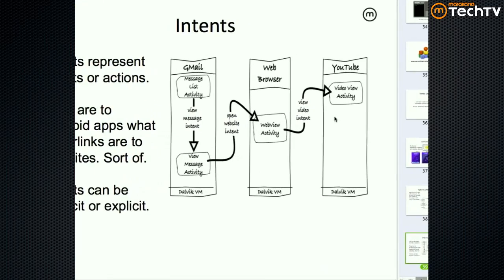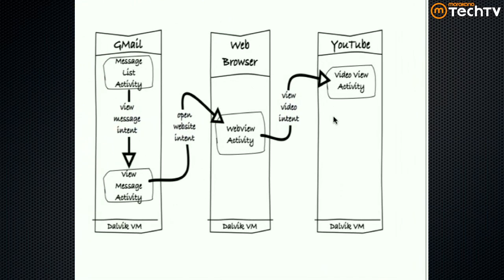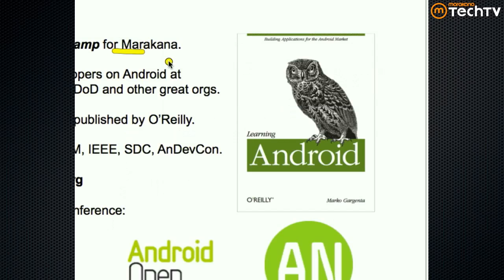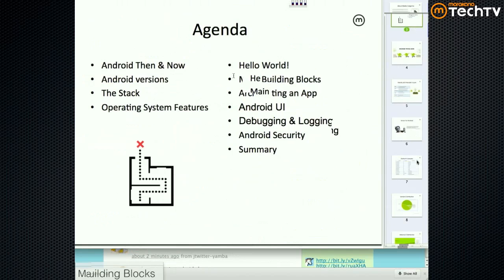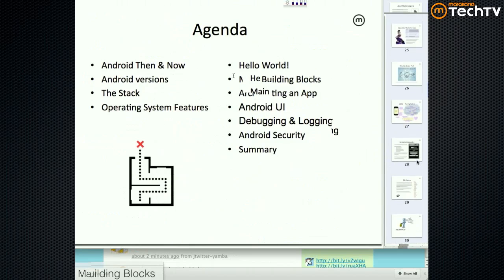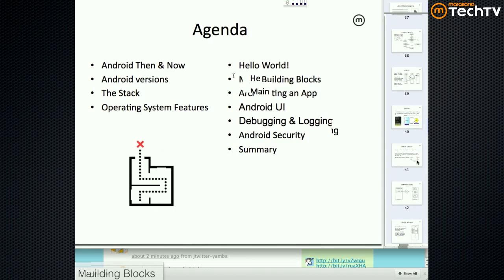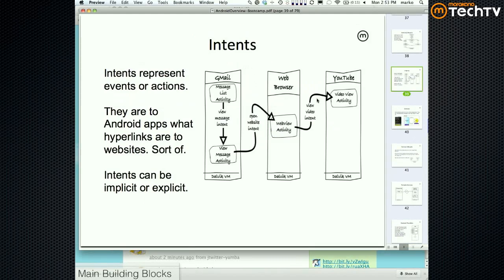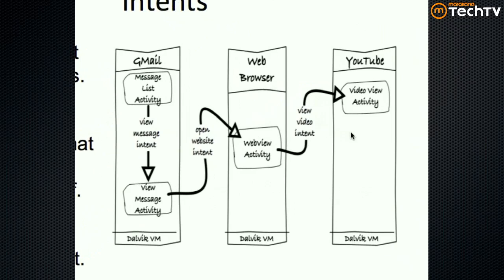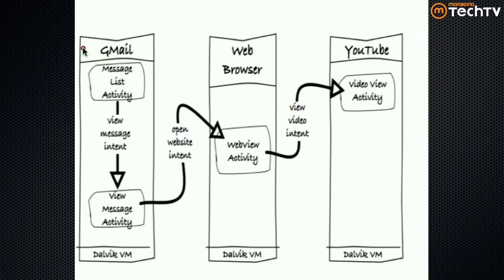So let's say I am checking my Gmail. I'm in my Gmail app, and I'm looking at the list of messages. Oops. Hold on a second. So I am doing this. I'm checking the list of messages.